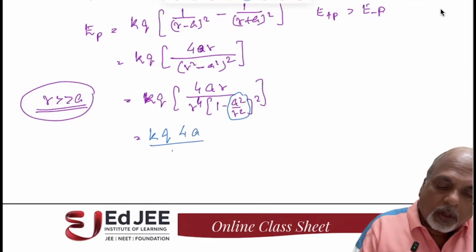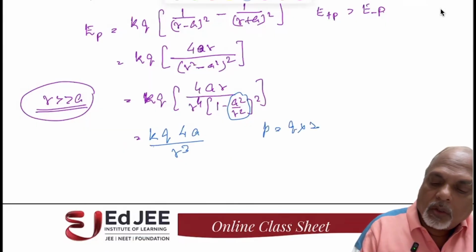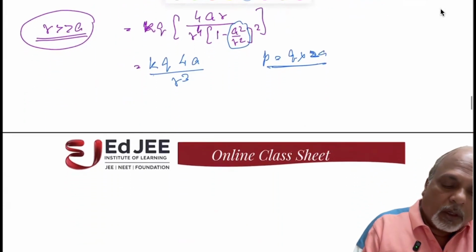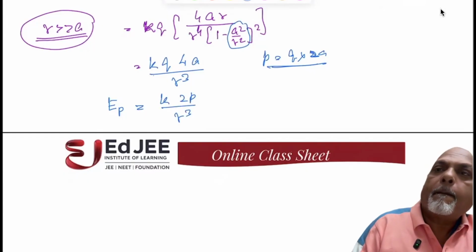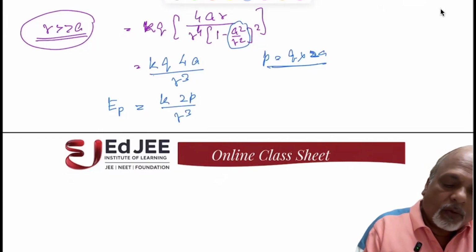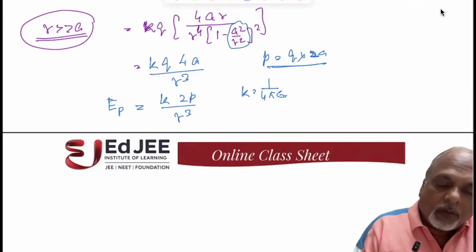What is P here? P is basically Q into 2a. That is the dipole moment. So this formula can be written as K 2P upon r cube. Correct? Where K is 1 upon 4 pi epsilon. What will be the direction of this electric field?